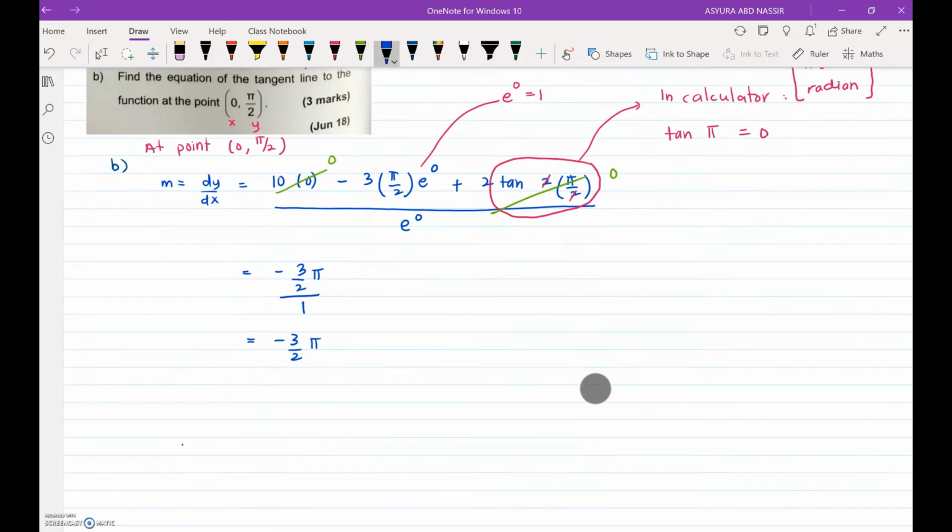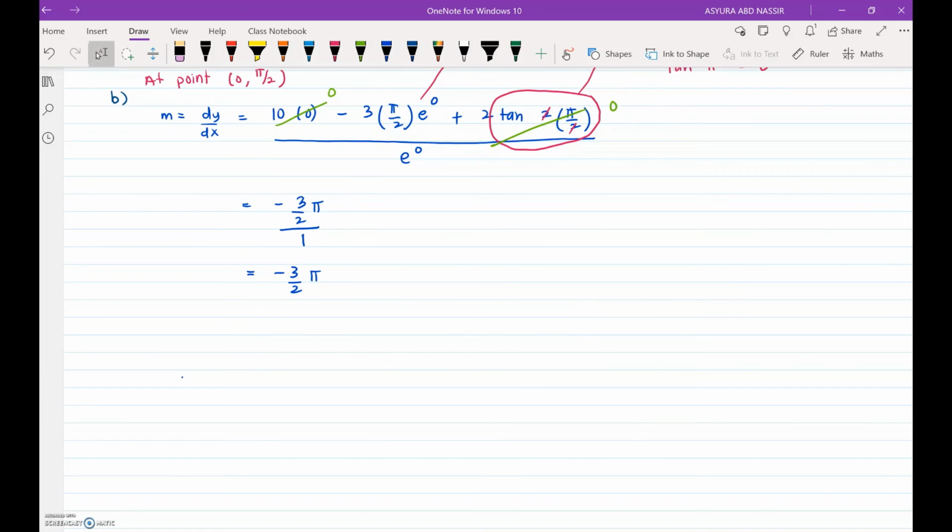Next, we want to find the equation of the tangent line. So y is mx plus c. Your y is pi/2, your m now is negative 3 over 2 pi, and your x is 0, plus c. So what will be your c? c will be pi/2.